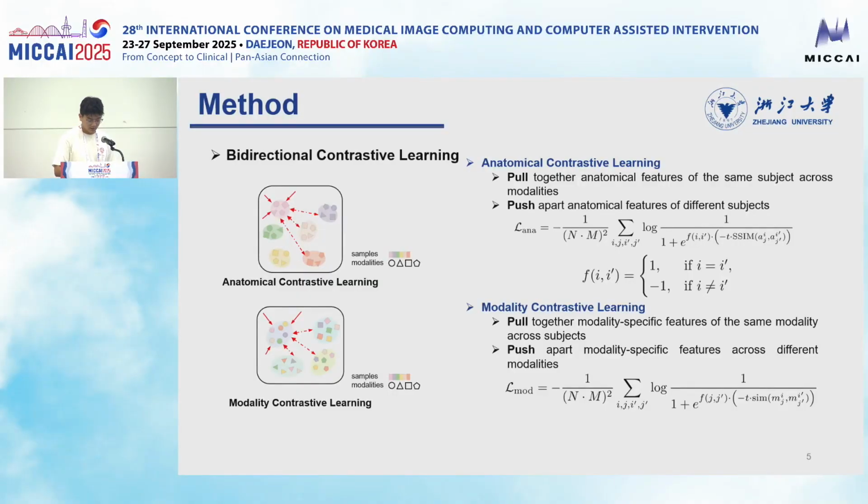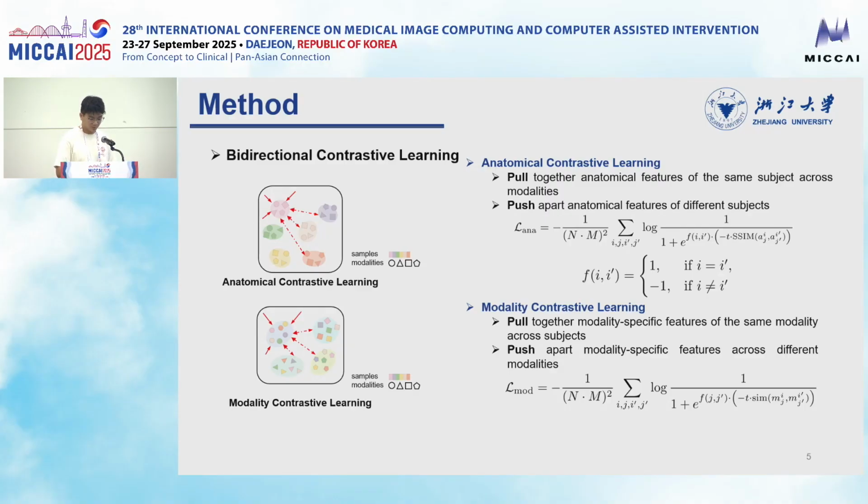In this slide, I will explain how our bidirectional contrastive learning disentangles MRI into an anatomical feature and a modality-specific feature. As shown in the left figure, different colors represent different subjects, and 4 different shapes represent different modalities.